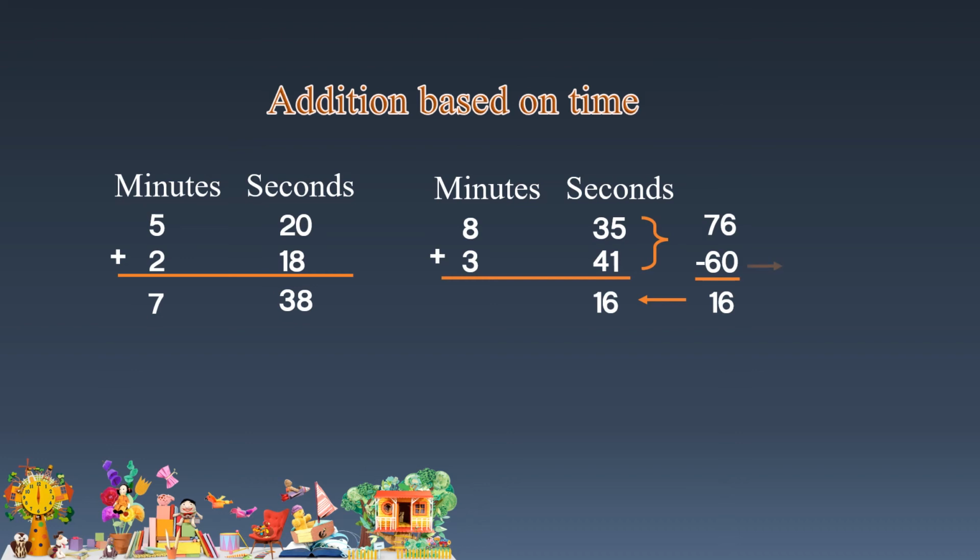So 60 seconds becomes 1 minute in minutes column. Now we'll move on to the minutes column. We'll add all the minutes there. 1 plus 8 is 9. 9 plus 3 is 12. Therefore, we can simply go for the answer as 12 minutes 16 seconds.